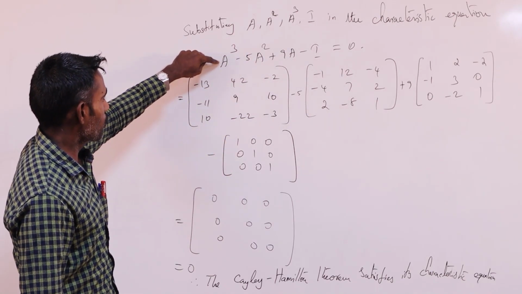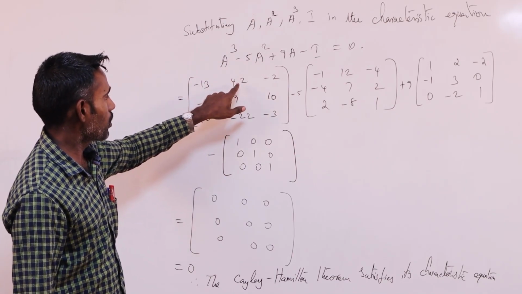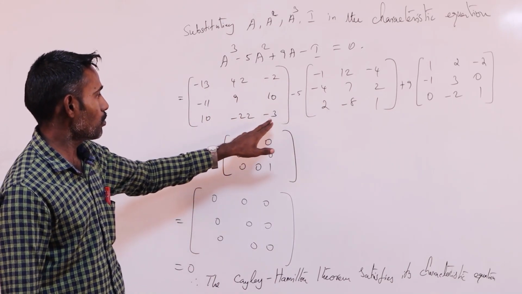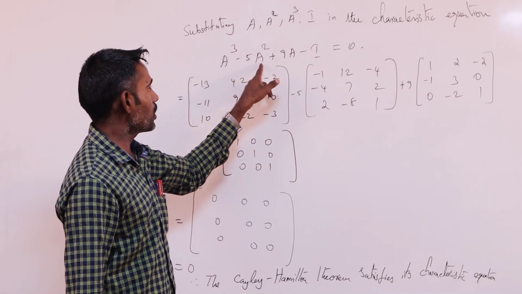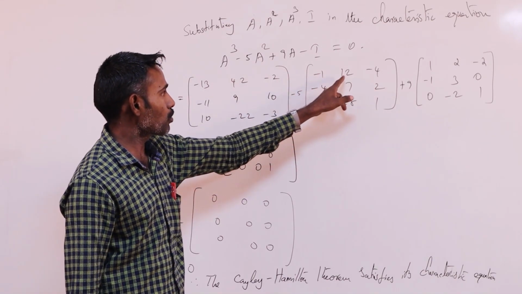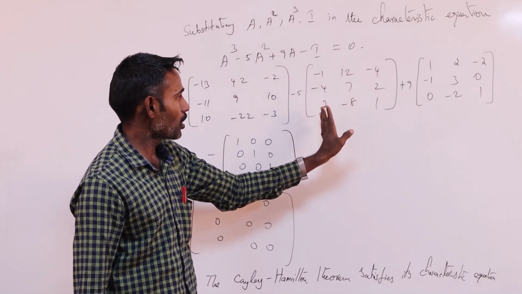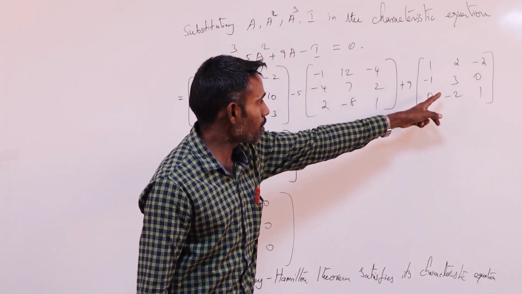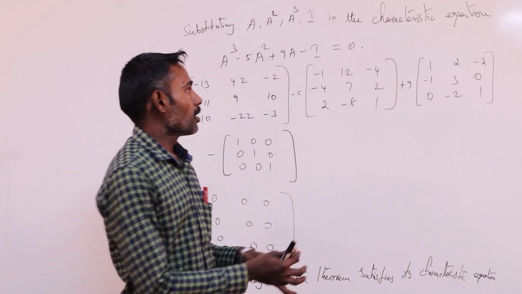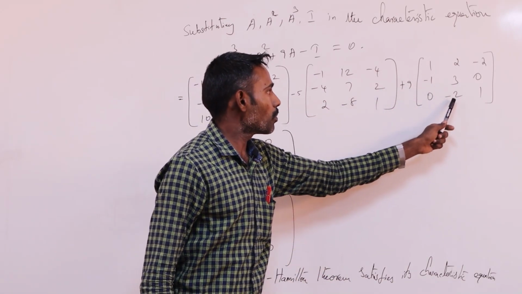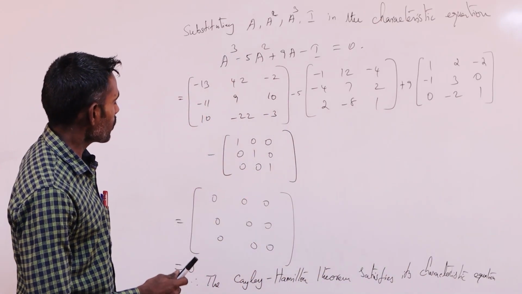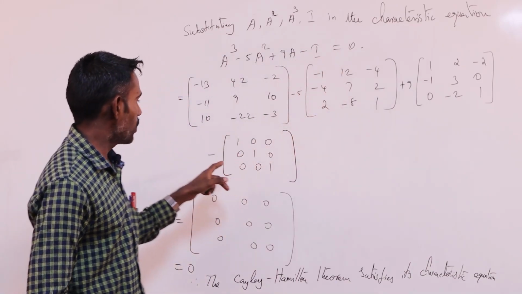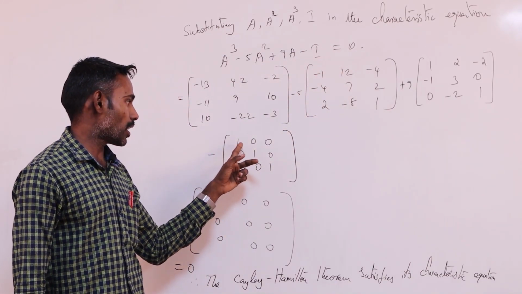A cube is the matrix minus 13, 42, minus 2, minus 11, 9, 10, 10, minus 22, minus 3, minus 5 into A square, where A square is minus 1, 12, minus 4, minus 4, 7, 2, minus 8, 1, plus 9 into the given matrix A, 1, 2, minus 2, minus 1, 3, 0, 0, minus 2, 1, minus 1 into I equal to 0. I means the identity matrix, whose diagonal values are only 1.